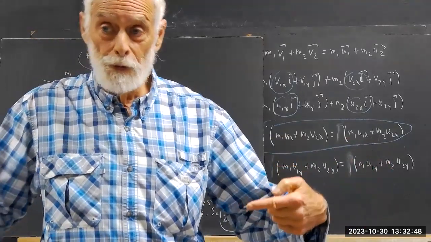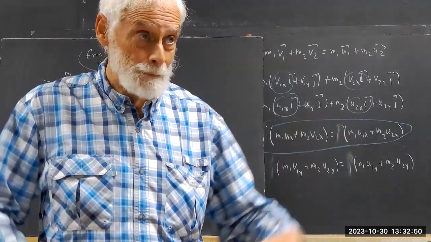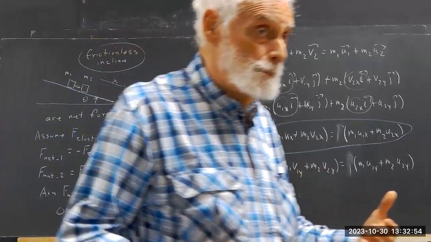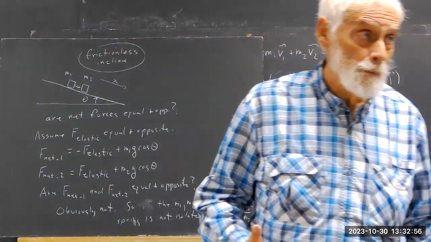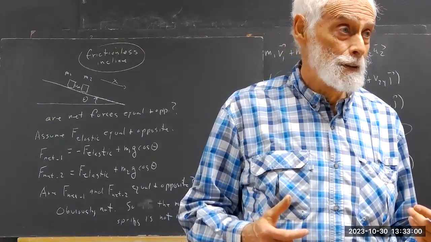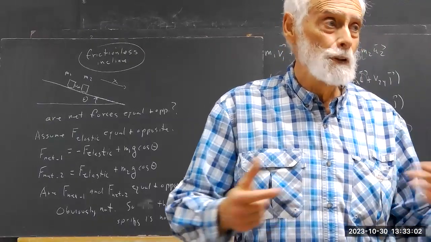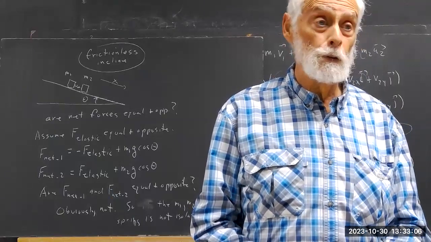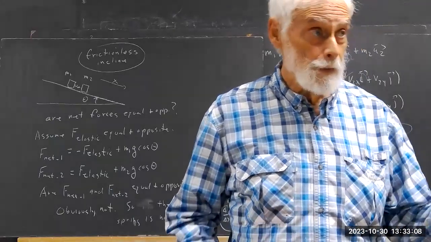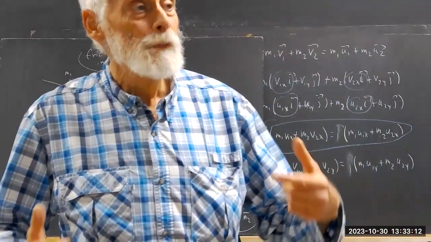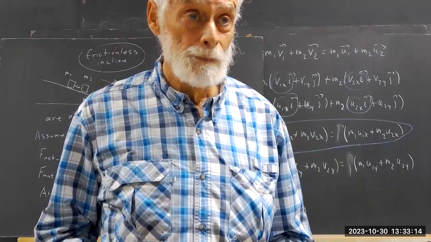This one's moving this way, so friction's going this way. If they're moving in opposite directions, then you could still consider this an isolated system, but you've got to include the friction in the net force. But only if they have the same mass. If they have different masses, there's no way that the frictional forces are equal and opposite.